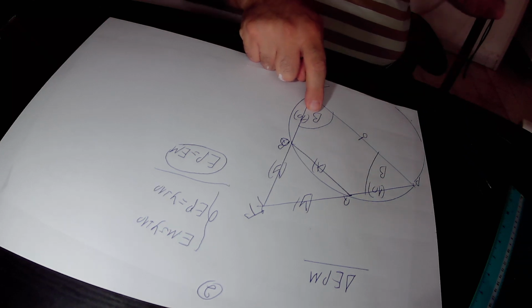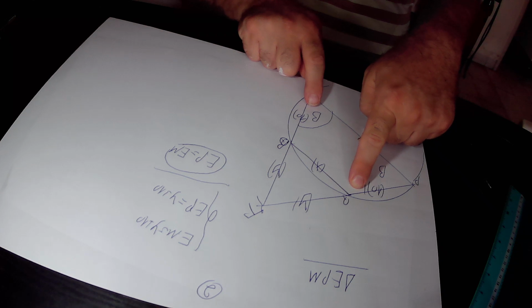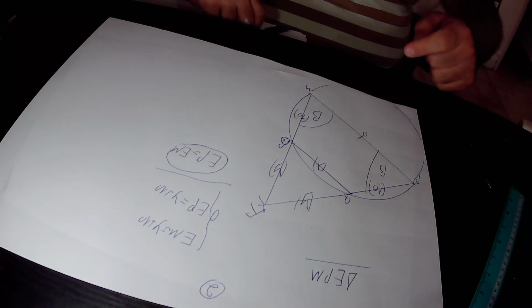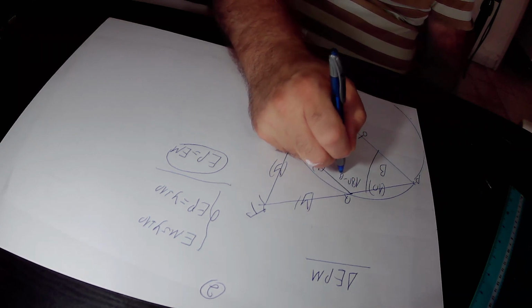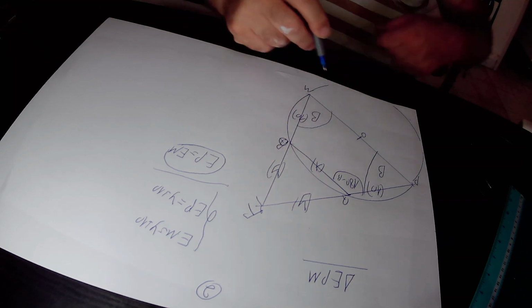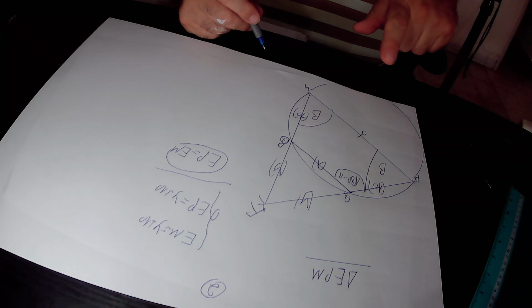This is angle beta, so angle beta plus this missing angle must be equal to 180 degrees. Therefore, this missing angle must be equal to 180 degrees minus beta. Why? Because 180 degrees minus beta plus beta is 180 degrees. That is the sum of the opposite angles of a quadrilateral inscribed by a circle.